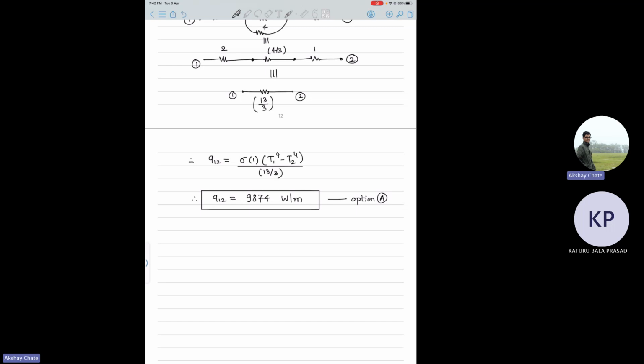So it is 5.67 into 10 to the power minus 8 into, what is your T1? 1000 power 4 minus 700 power 4.